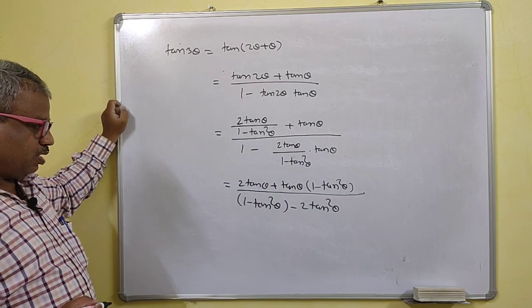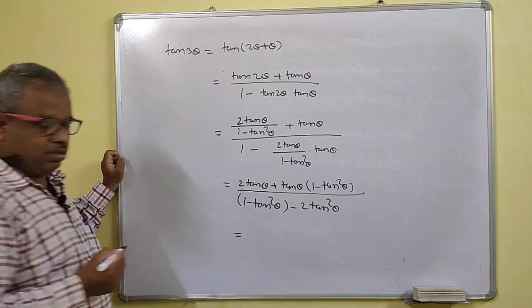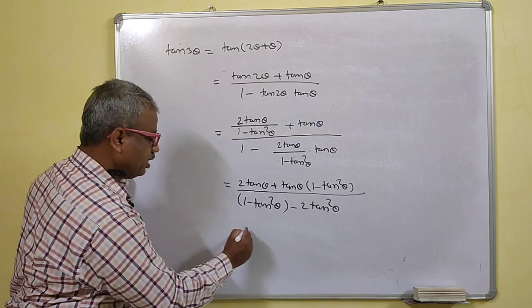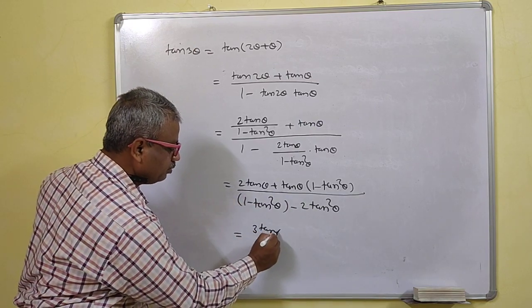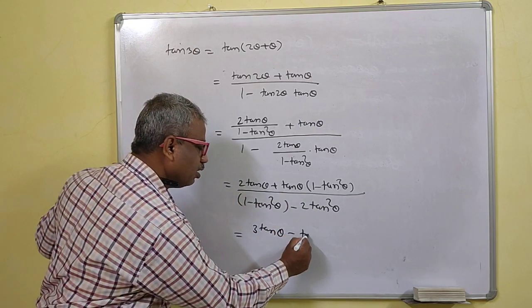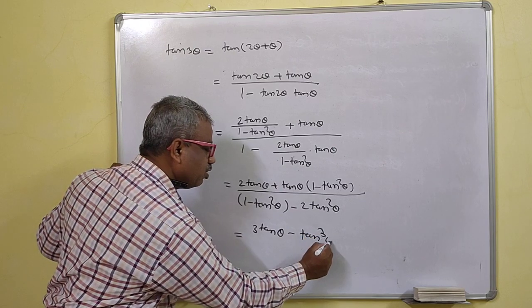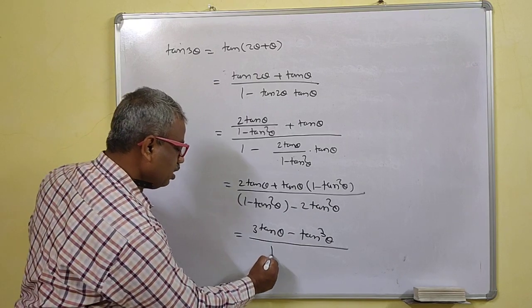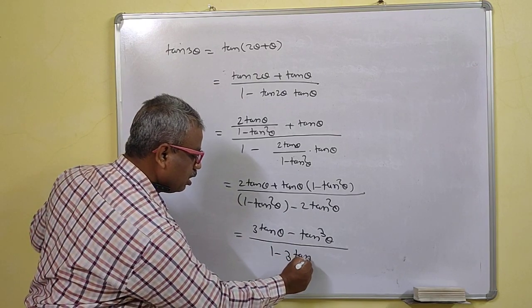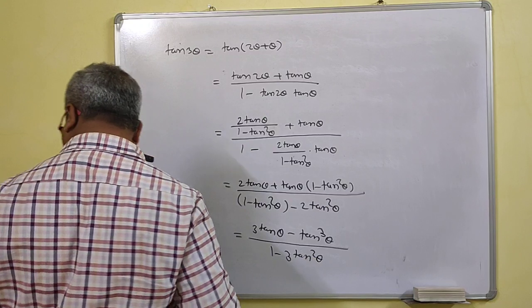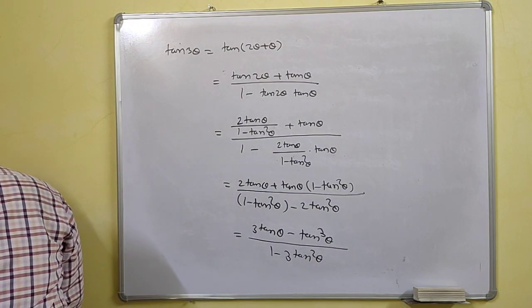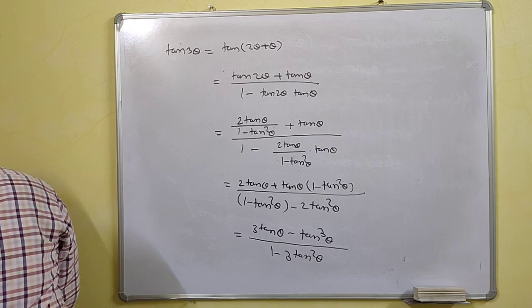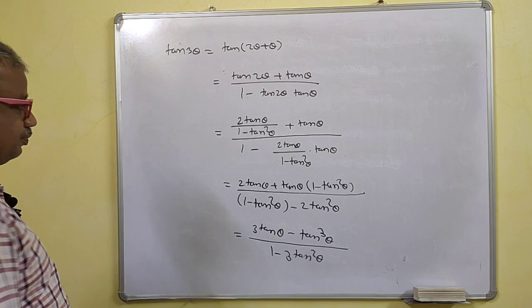Now see what happened then. Now simplify this. What do we get? 2 tan θ plus tan θ is 3 tan θ minus tan³θ, upon 1 minus 3 tan²θ.